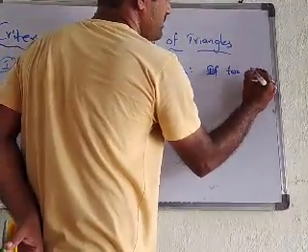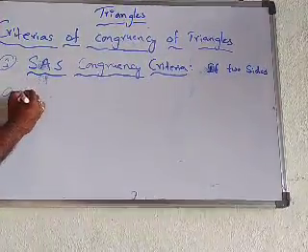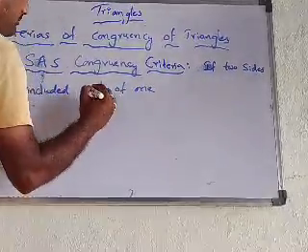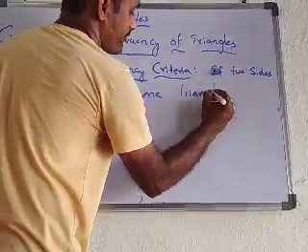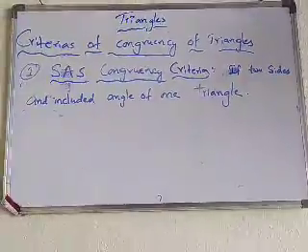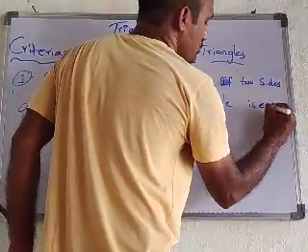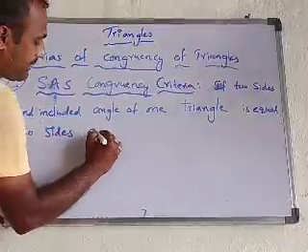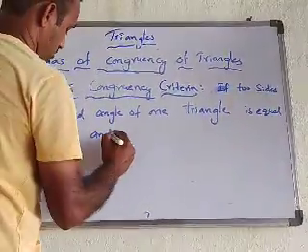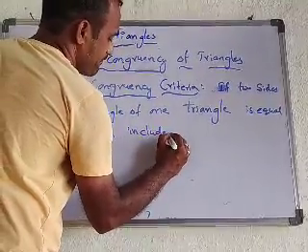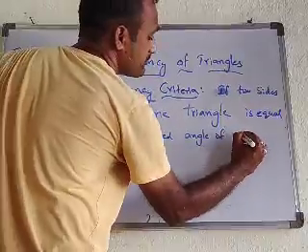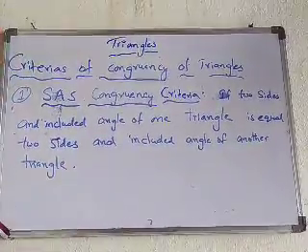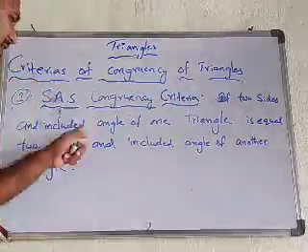If two sides and included angle of one triangle are equal to two sides and included angle of another triangle. So here clearly saying that two sides and included angle.